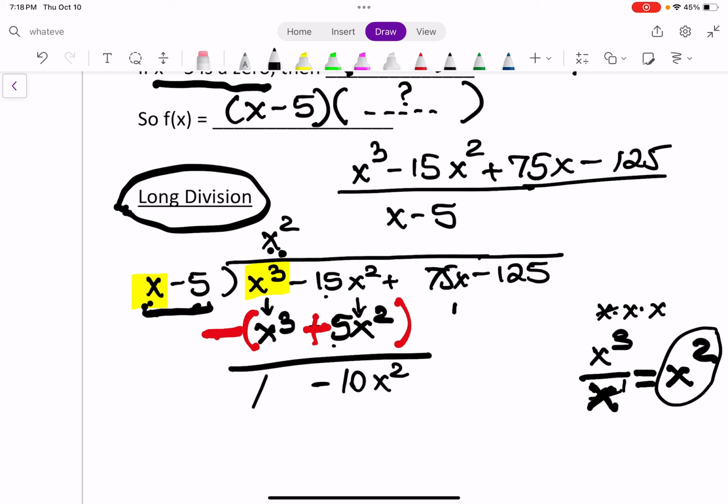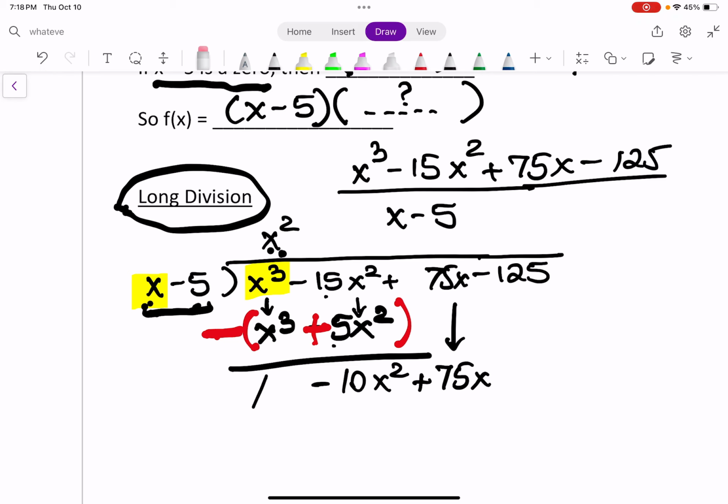Just like in any other division, we move on by bringing down the next digit, in this case the next term. Now we play the game again. How many times does x minus 5 go into these two terms? I'm just going to look at the first terms only.